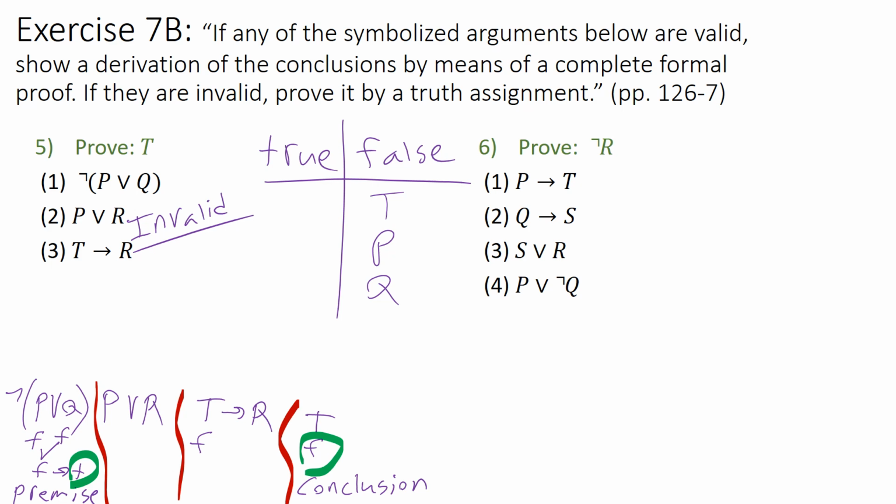But again, what about R? Well, in the second premise, we have P or R, and P is false, so R better be true in order for that premise to be true.